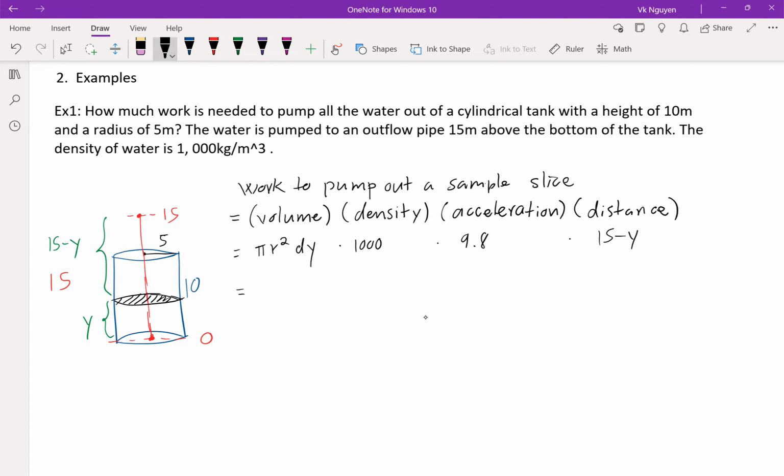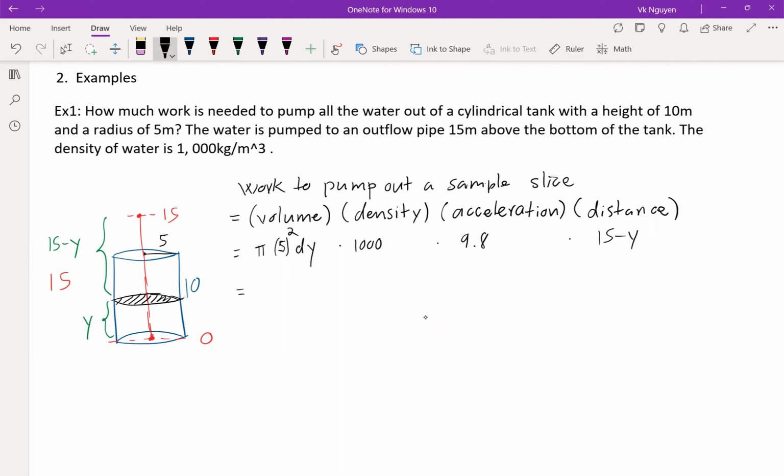Next step is, well, we know the radius is 5. So we can substitute the radius 5 in here, 5 squared. And we have the work to pump out a sample slice.